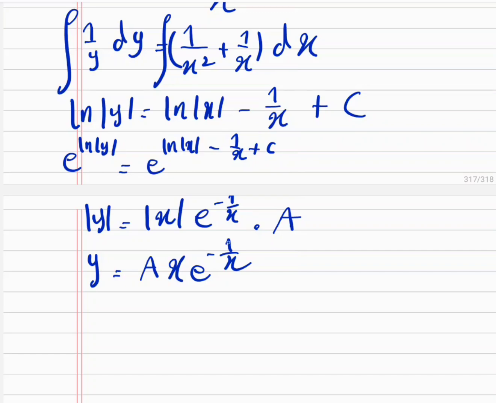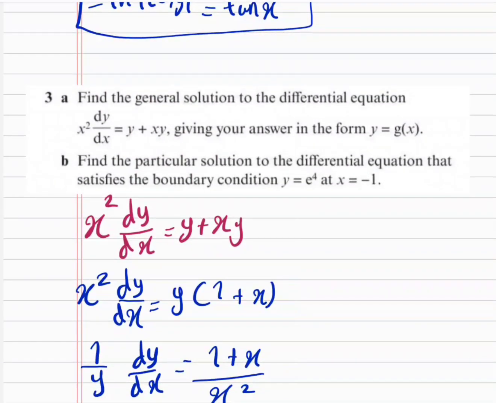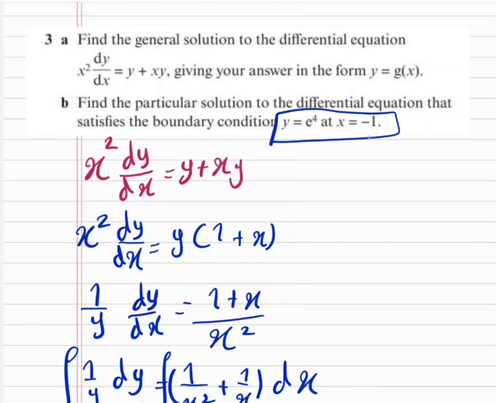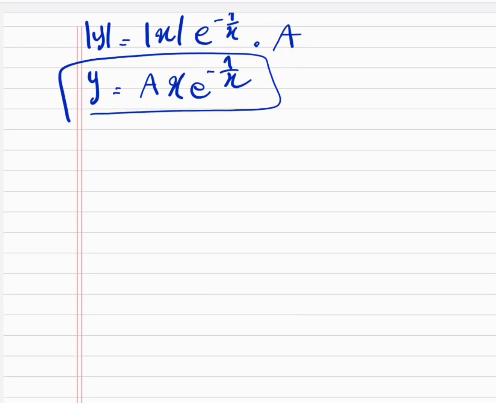Anyway, now that we have this nice form, this is the general solution, and in part B, we want to find a particular solution to the differential equation which satisfies this boundary condition. So we just substitute x is equal to minus 1, y is equal to e to the power of 4, and then we'll find the constant of integration, and that gives us the answer.